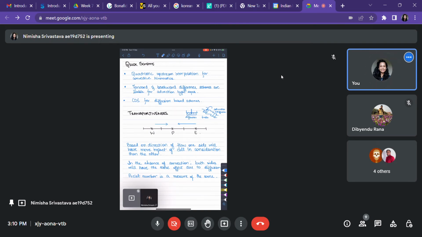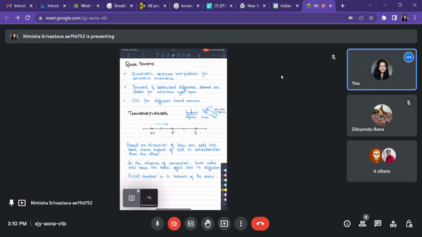For example, if the flow is moving from W to E, then W is going to have a strong effect on the properties at P. Meanwhile, the effect coming from E is not going to be very strong for P.